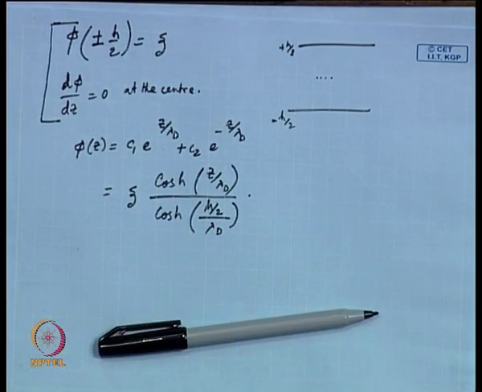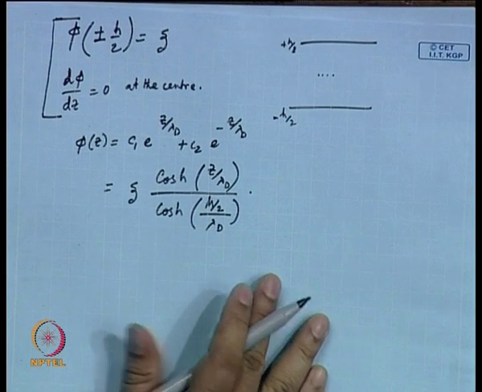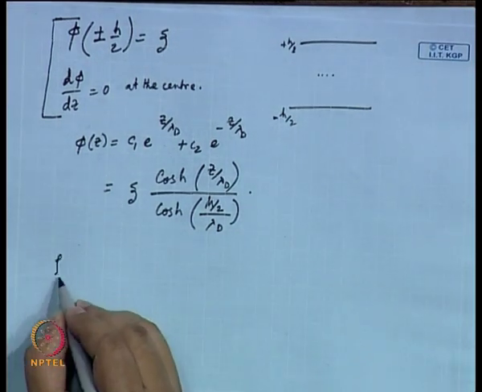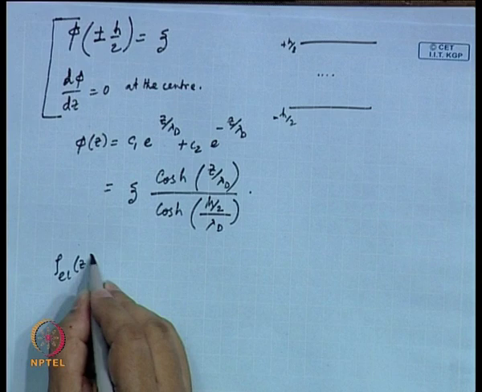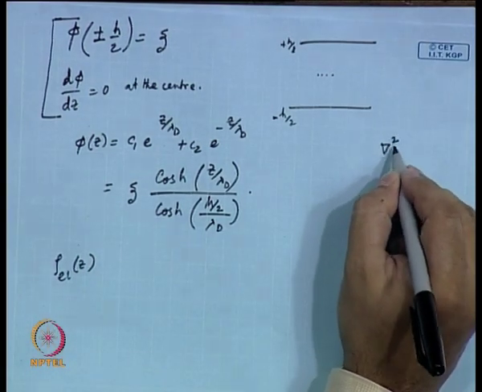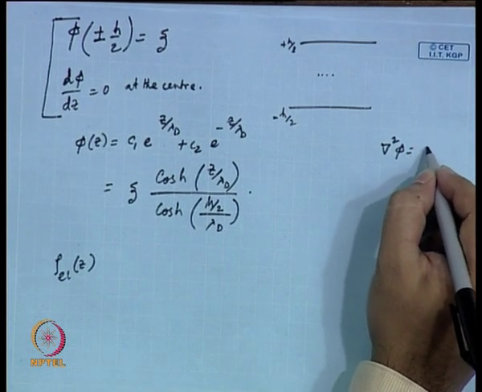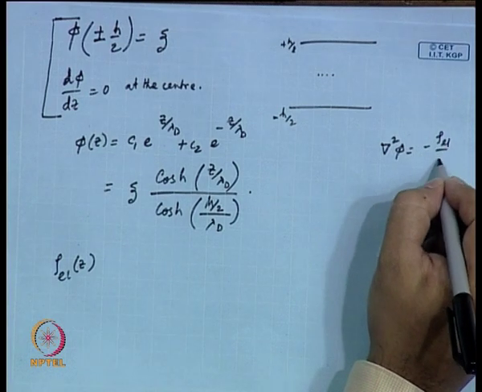Right. So, in that case what you would have is rho E L z. What is rho E L z? You remember we have already obtained this expression, you need to go back and see how we have written it. Del square phi is equal to minus rho E L by epsilon.